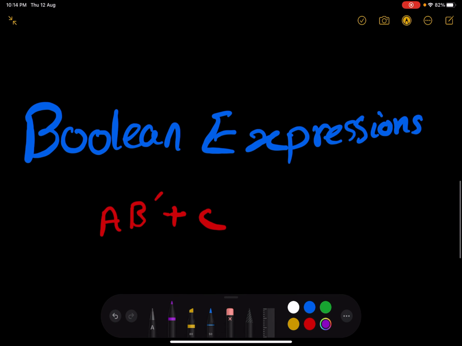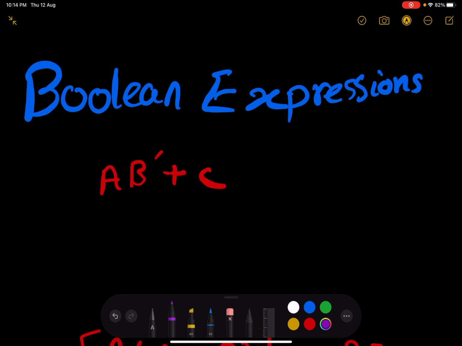Now we're going to move to Boolean expressions and how you can translate them, or draw the circuit for an expression. First of all, you can see that here we have the sign for the negation, or NOT gate. So we're saying NOT B. We're going to have a NOT gate, and here is B. Then A and B are ANDed together, so we need an AND gate.